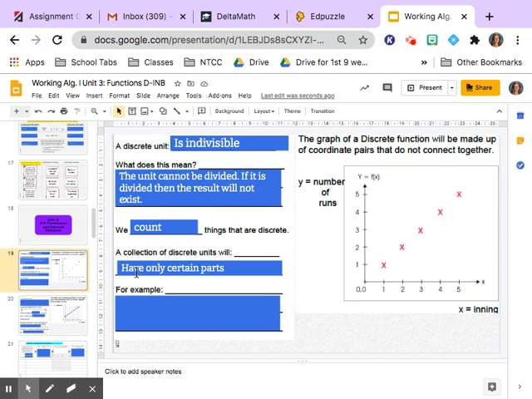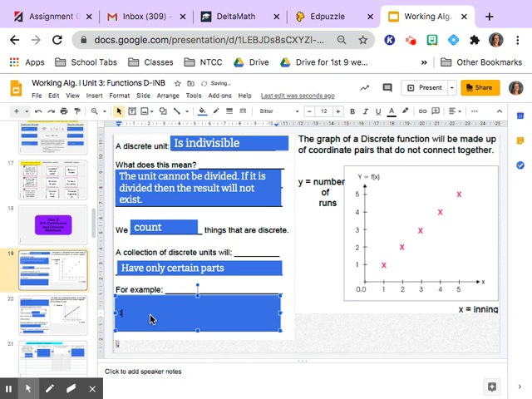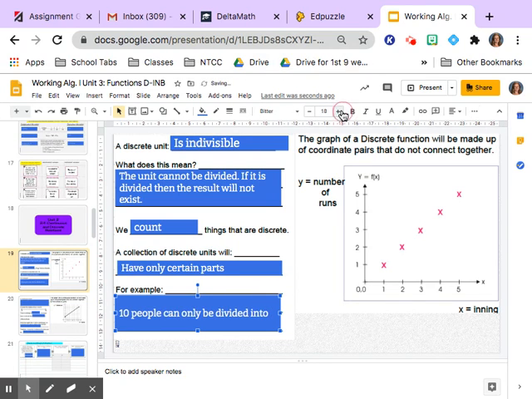You can only divide whenever it's equal to a whole. So an example would be 10. 10 people can only be divided into certain parts. So let's talk about what those certain parts would be.